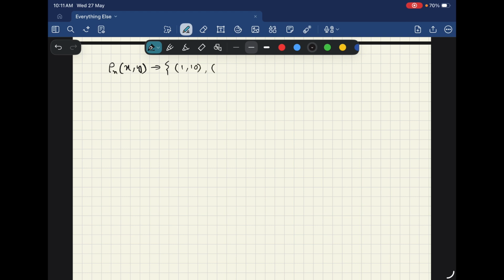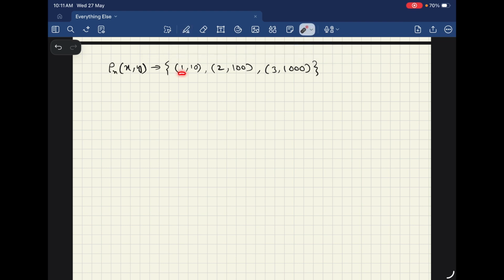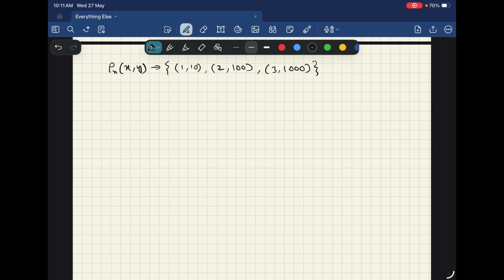The second point is say 2 comma 100, and the third point, let it be 3 comma 1000. Okay, and let's just close it. So here 1, 2 and 3 are the x values, and 10, 100 and 1000 are the y values. So first let me try to plot it in the traditional linear way.